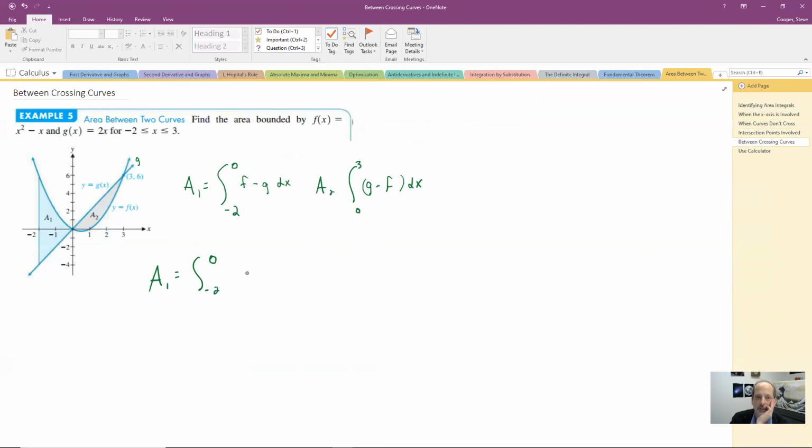So F minus G is going to be x squared minus x minus 2x. If I take minus x and minus 2x, that becomes minus 3x.